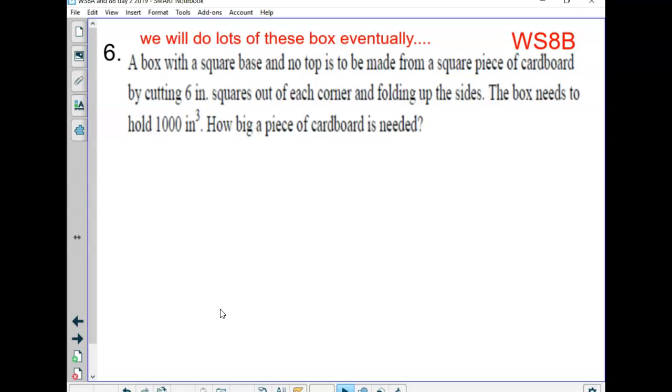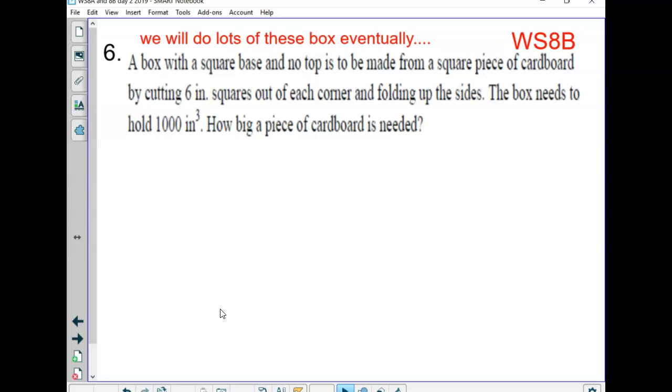Okay, so this is what we did yesterday, and now we're on 8B. Everybody good? It says a box with a square base and no top is to be made from a piece of cardboard by cutting 6-inch squares out of each corner and folding up the sides. So here's my model.